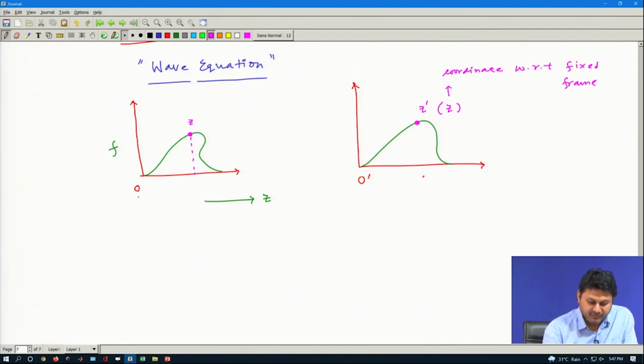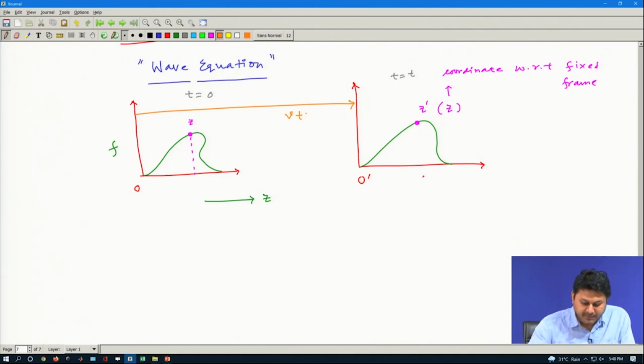If the velocity is v, and this is at time t equal to 0 and this is at t equal to t, then the distance moved from here to here is simply v t. v is the velocity, and at time t the wave has moved to this place.